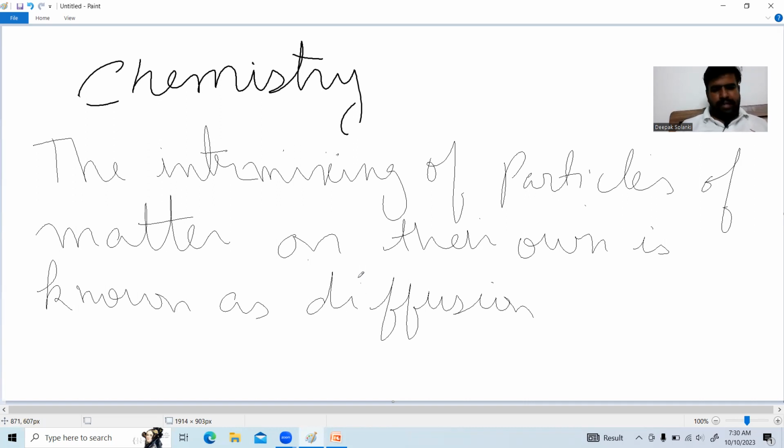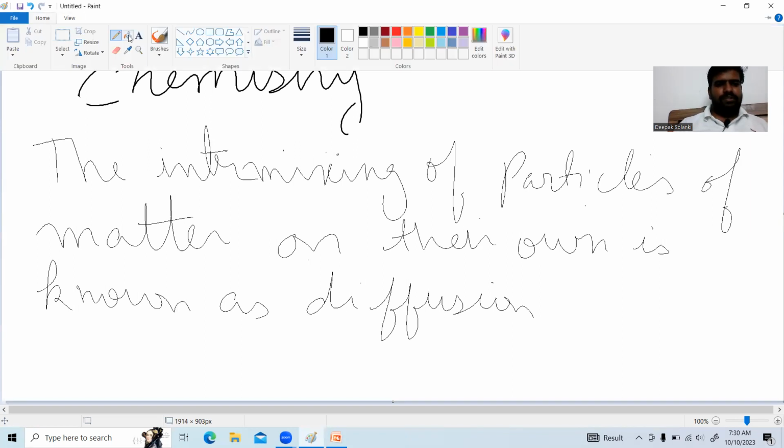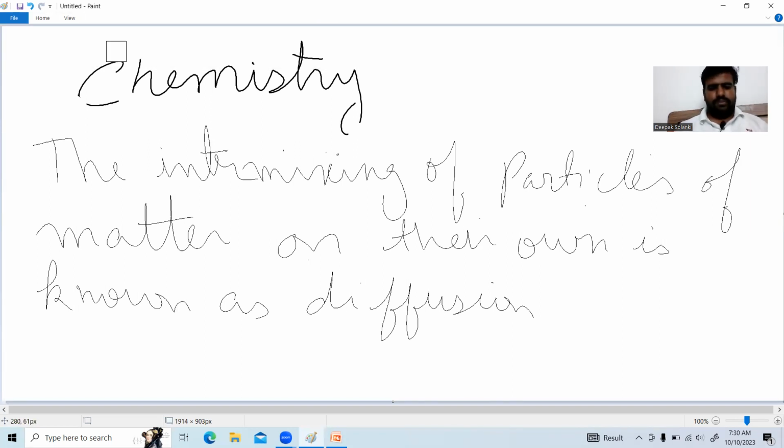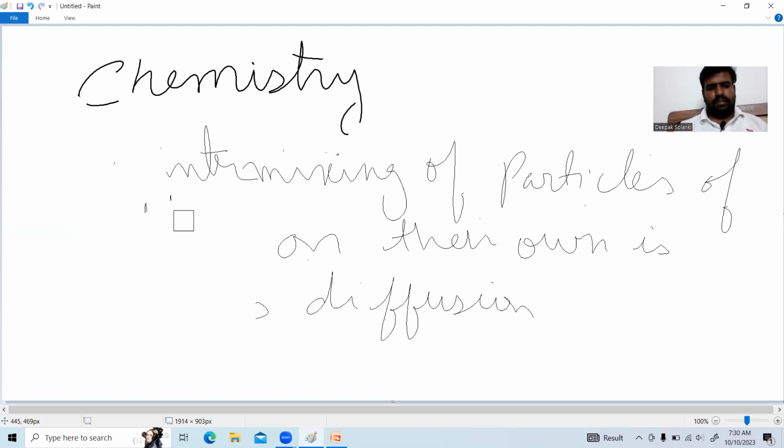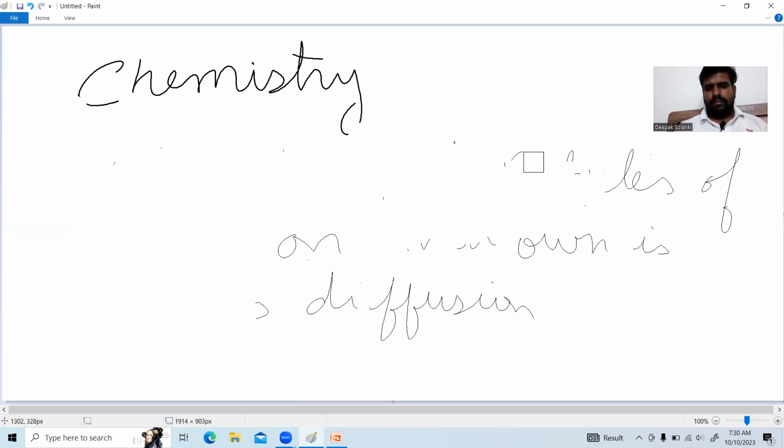Another point: particles of matter attract each other. They have a force acting between them. Since they are attracted with some force, they are bound together with some force. So we can add the next property of matter, that its particles attract each other.